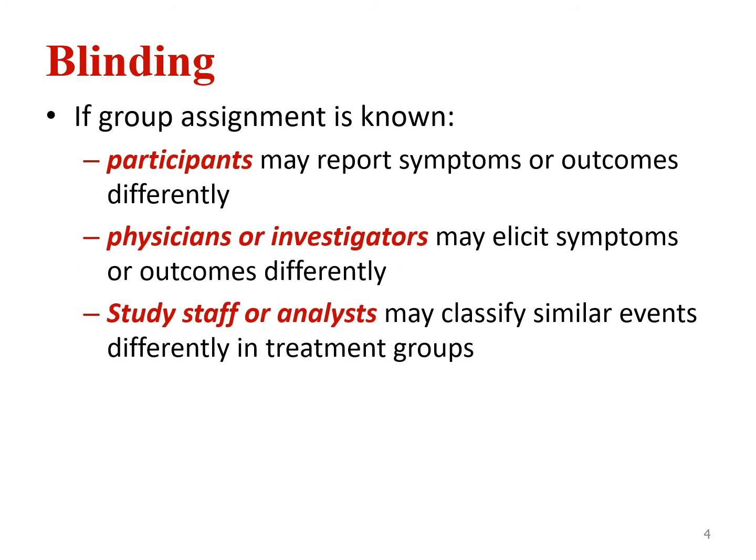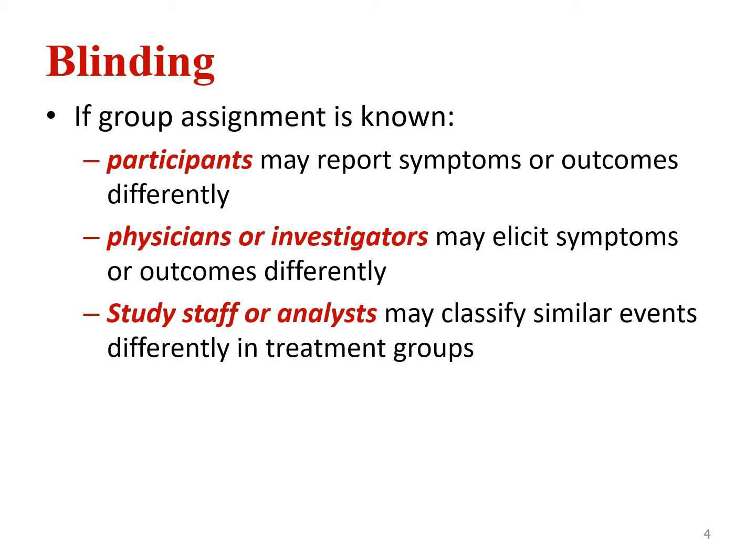What is blinding? Blinding refers to the act of masking the nature of the treatment or intervention from people involved in the trial. In a trial, when group assignment or nature of the treatment is known, participants may report symptoms of disease outcomes differently. Investigators may elicit symptoms differently.